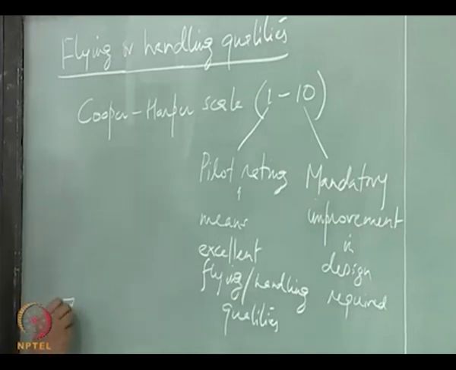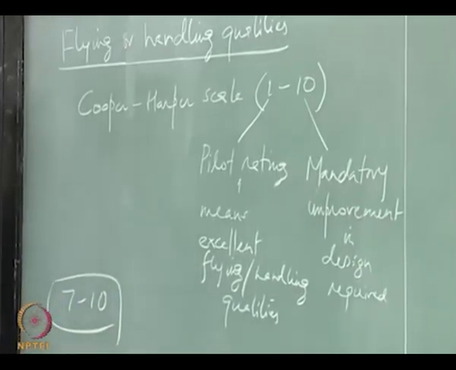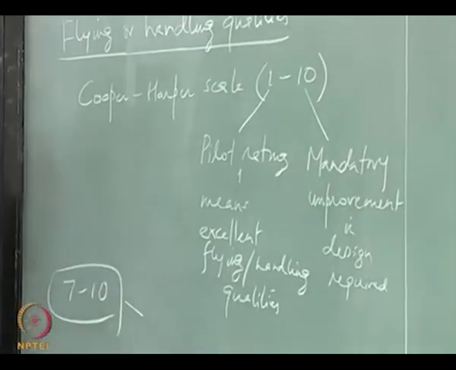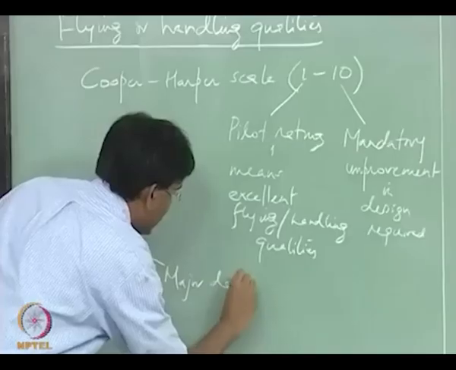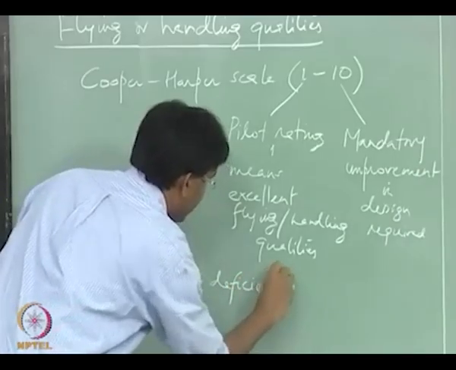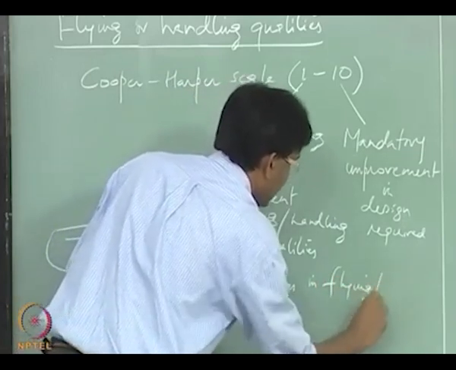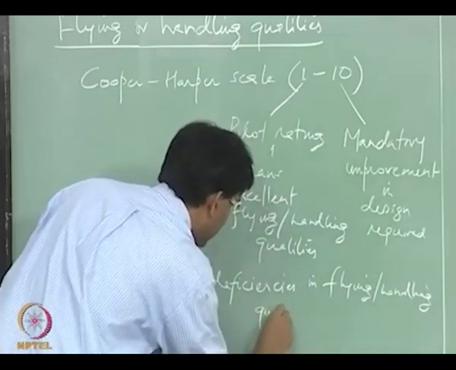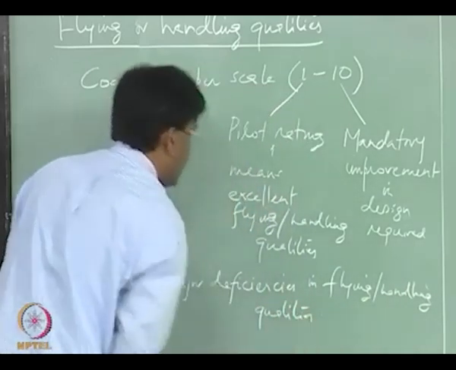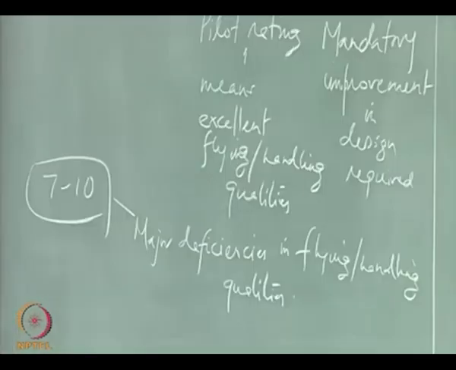Actually 7 to 10 is objectionable and it relates to major deficiencies. And this rating is based on 3 different criteria.